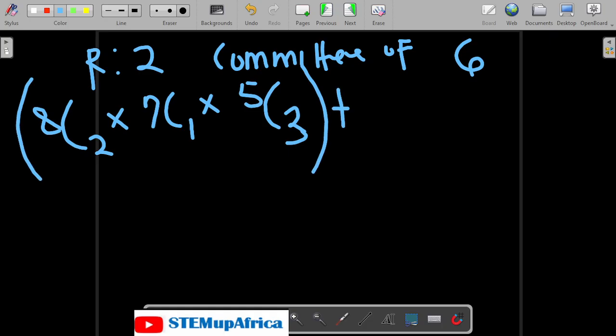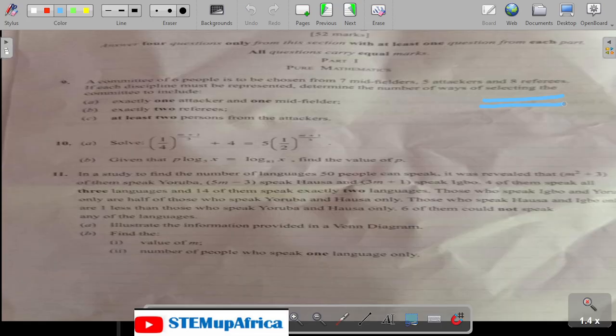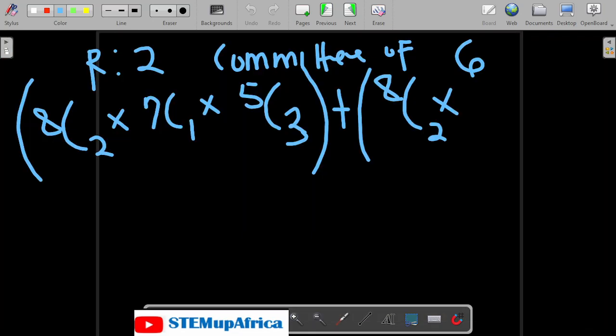Or it could also be 8 combination 2 times, I selected one midfielder at first. So what if I select 2 midfielders this time, 7 combination 2? That means the remaining 2 persons should be for the attacker, 5 combination 2, to make it 6.